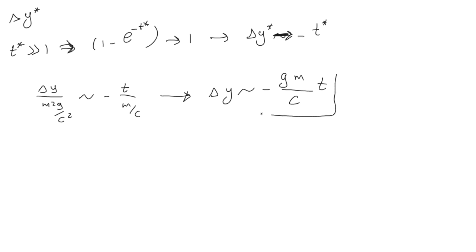But just now, what does this tell us? Let me calculate the terminal velocity of an object that's falling down, all right? The terminal velocity means that the object is not accelerating anymore.